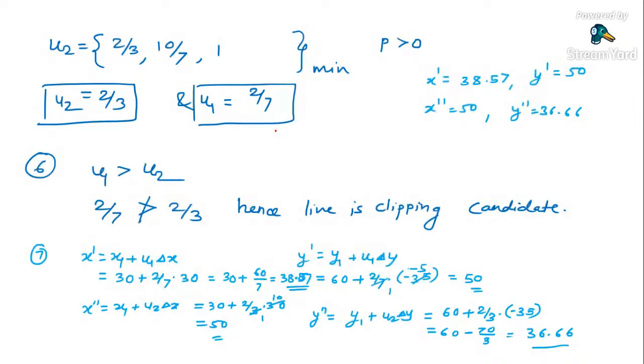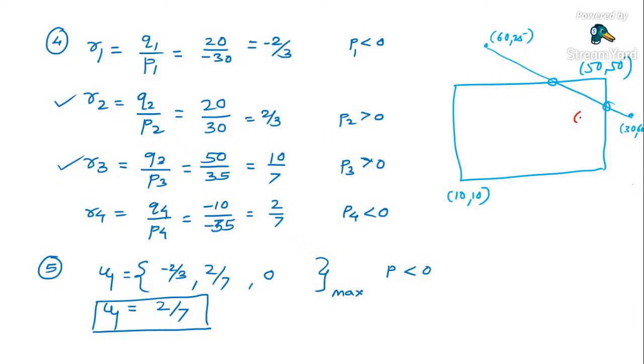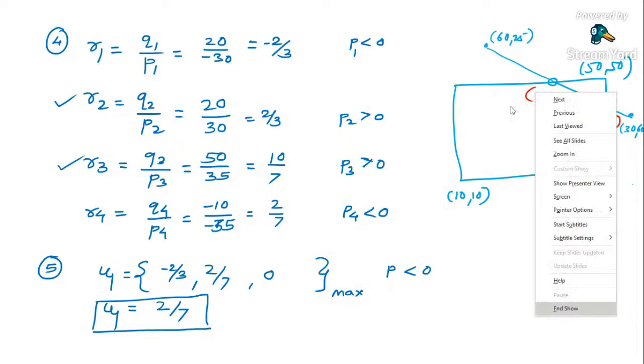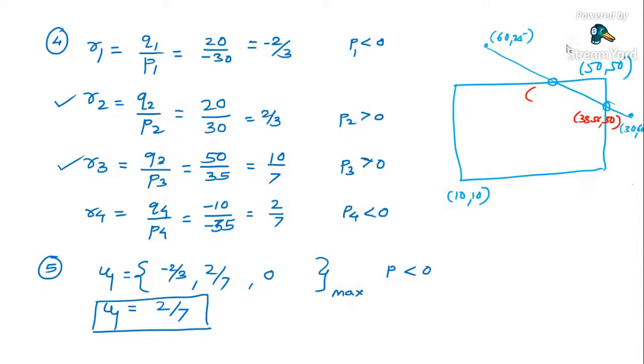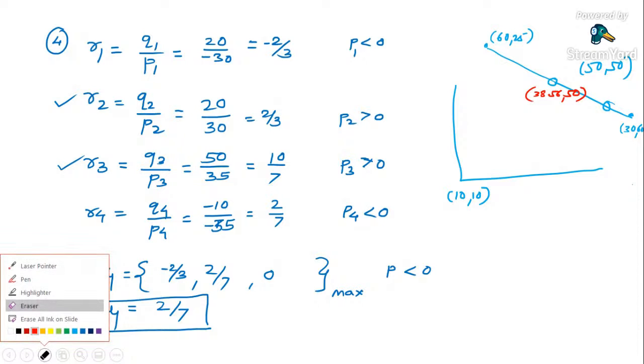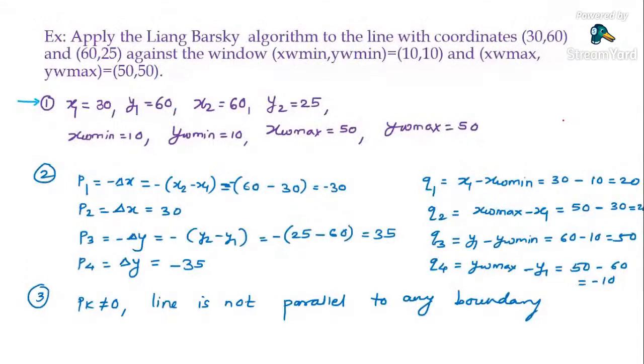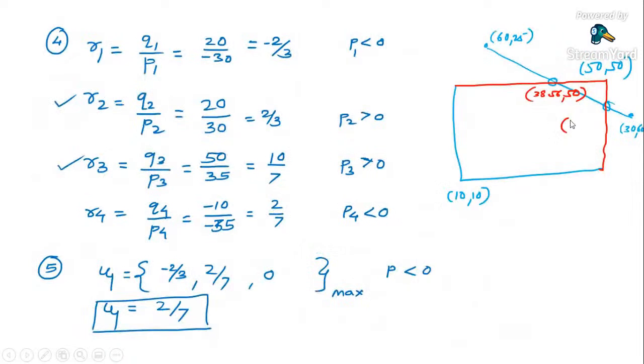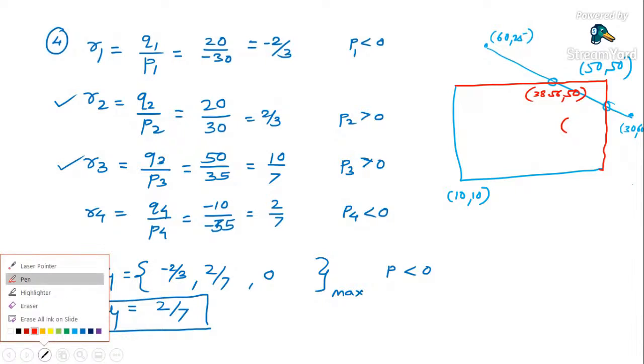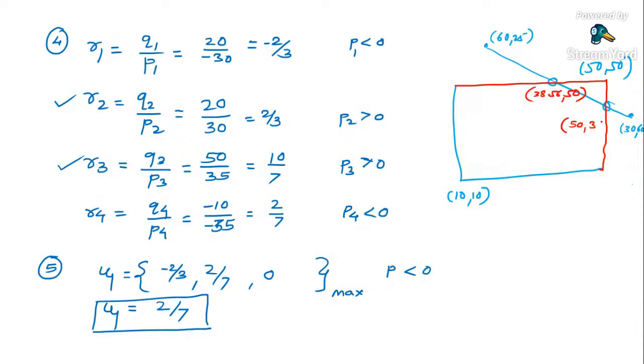The first is 38.57 comma 50, and the other point that we have calculated is 50 comma 36.66.